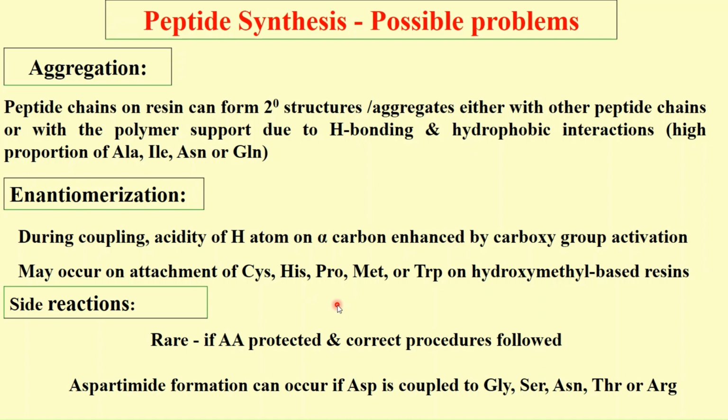Aspartamide formation can occur if aspartic acid is coupled with either glycine, serine, asparagine, threonine or arginine. Let us look into the side reactions and how to overcome them.